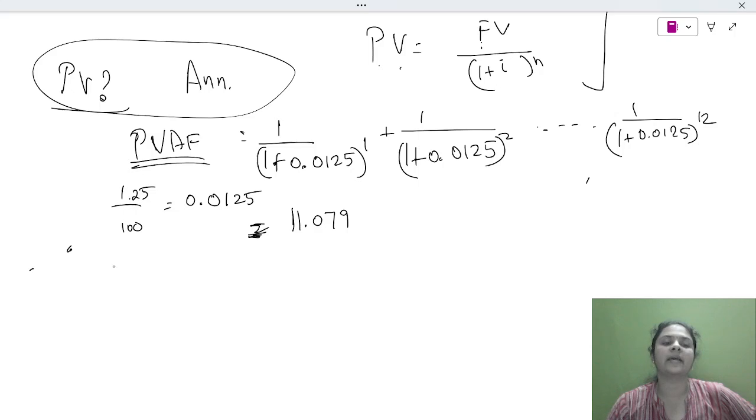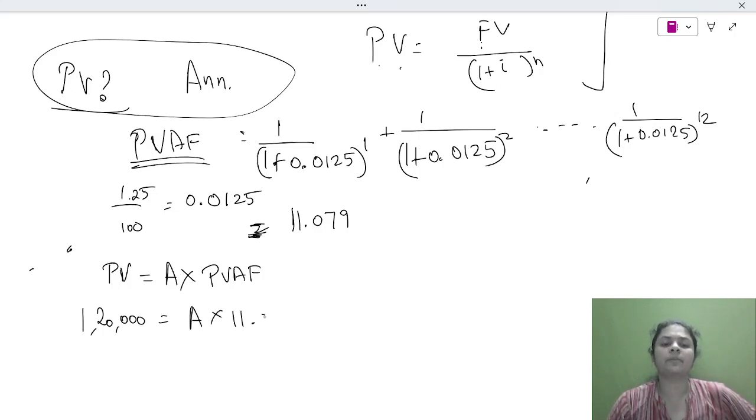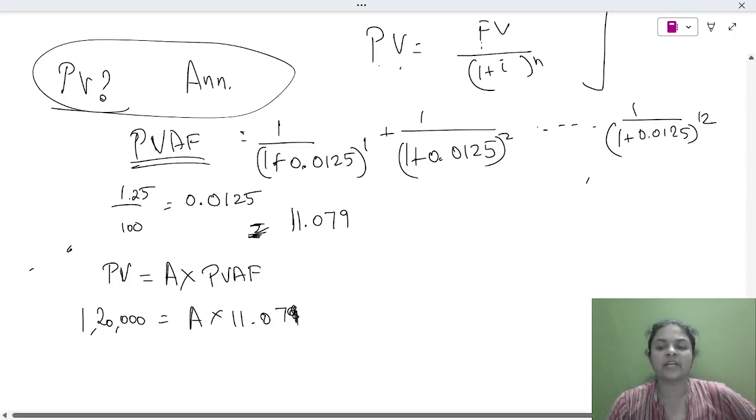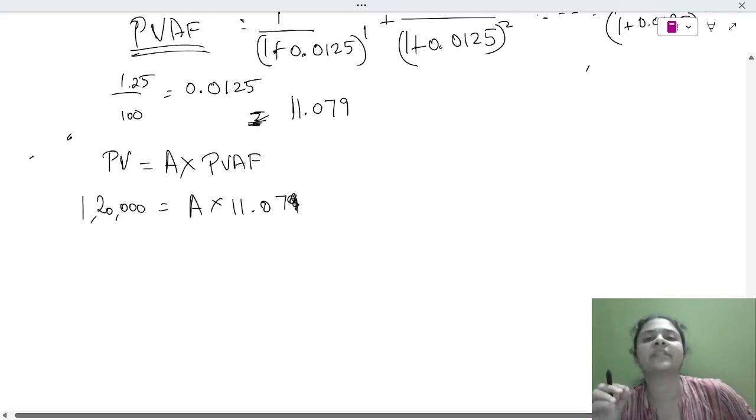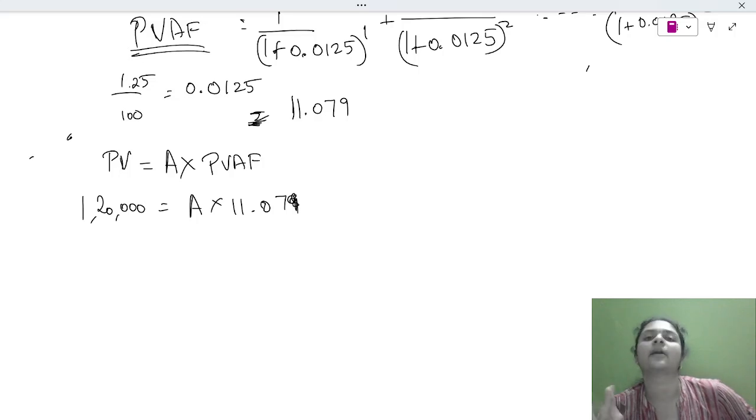Present value is equal to annuity into PVAF. So present value 1,20,000 is equal to annuity into 11.079. Always in the time value of money chapter especially, please work out with at least 3 or 4 decimals. Don't round off to 2 decimals. You will not get the exact answer then, you will get an answer that is not in the options, and you will struggle. So please work with at least 3 or 4 decimals in the time value of money chapter.